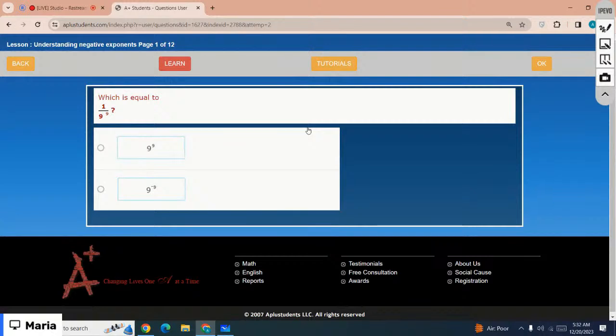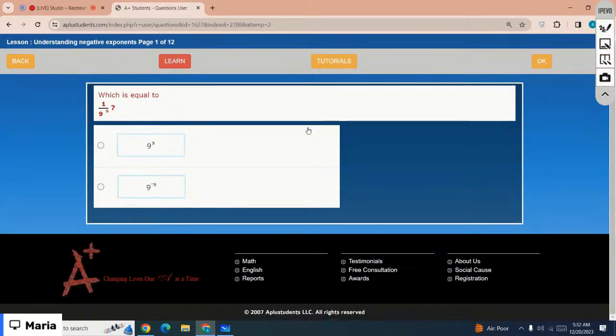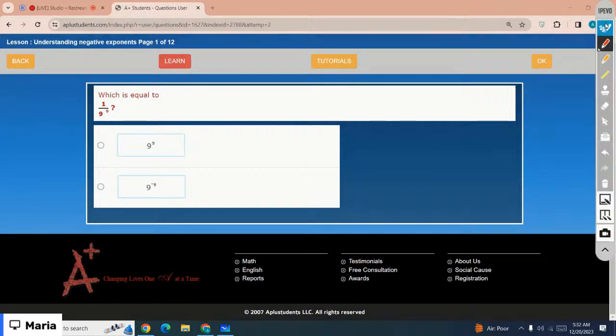Okay, which is equal to 1 over 9 exponent 9. You can see the exponent positive. So when you write it from the denominator to numerator, it would be 9 exponent negative 9, right? When you are writing a negative exponent from numerator to denominator, that would be positive, right?